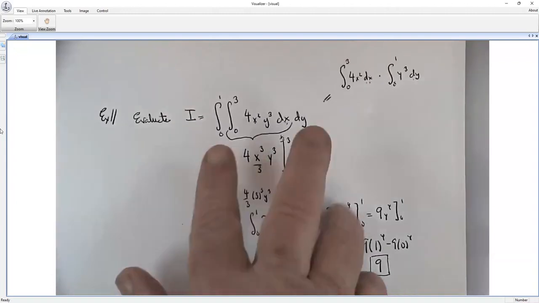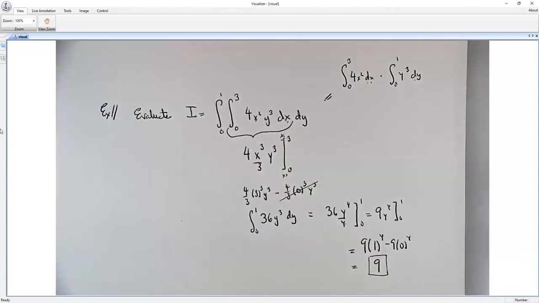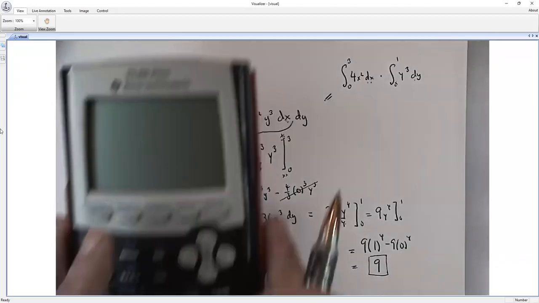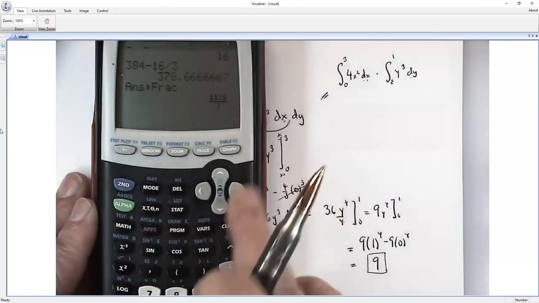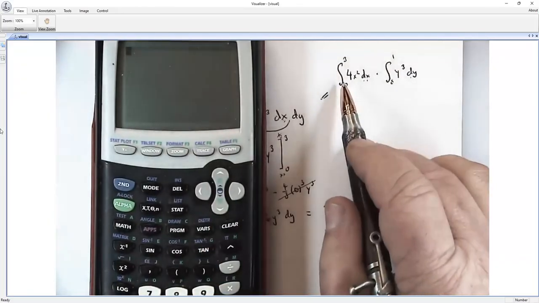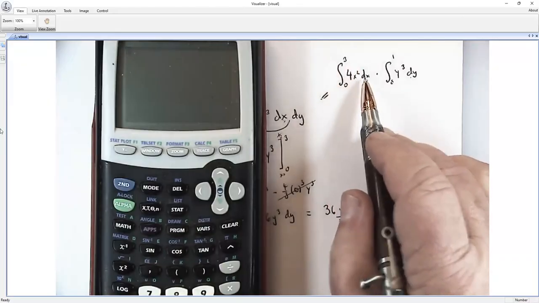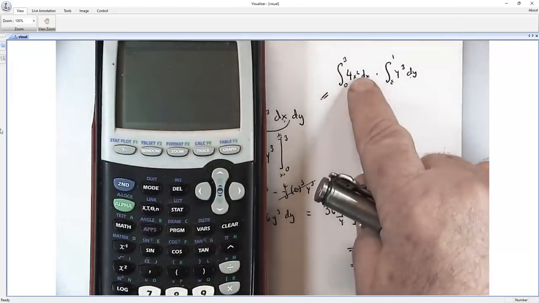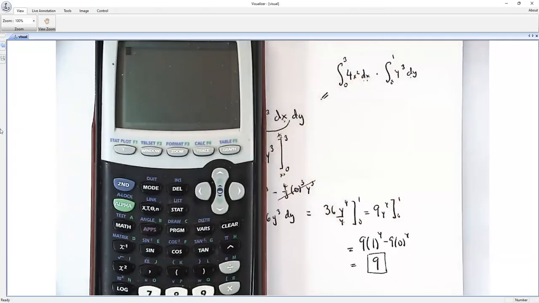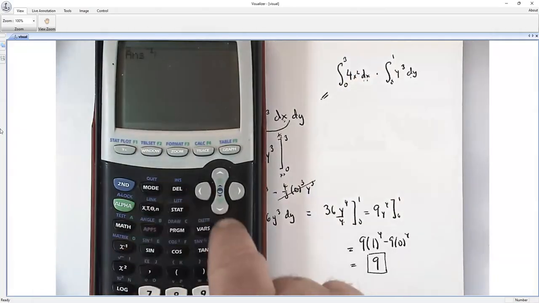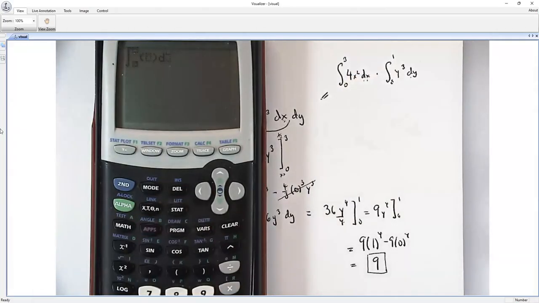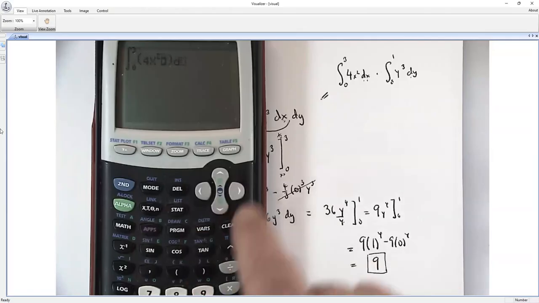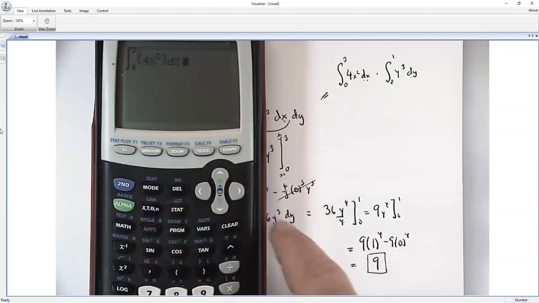Does this make sense? Now, if you don't believe me on this, let's save a little bit of time and effort here. What's the integral from 0 to 3 of 4x squared dx? Well, that would be 4/3 x cubed, plug in top, plug in bottom, but I'm going to use my calculator on this. So math number 9, just like we did in Calculus 2. Double check my answers. Integral from 0 to 3 of 4x squared dx.